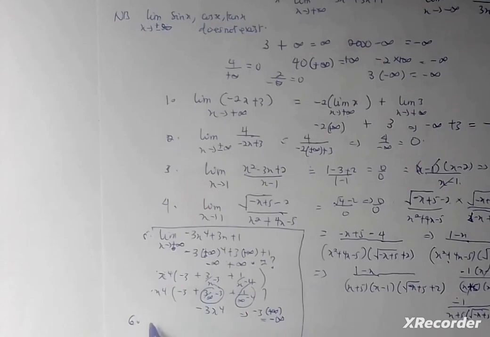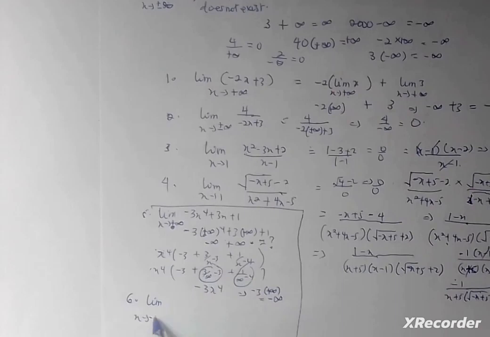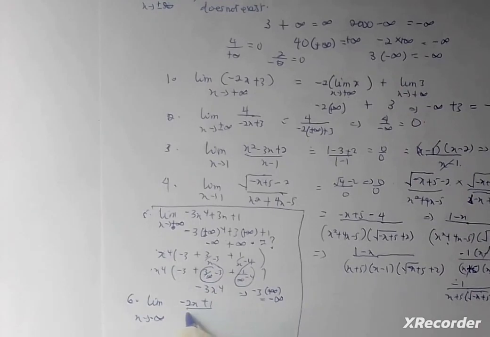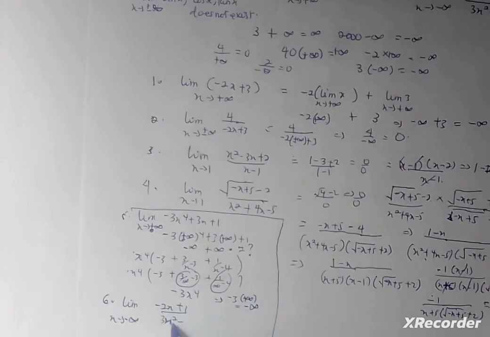Then you realize I have the limit as x approaches negative infinity of negative 2x plus 1 all over 3x squared minus 2.